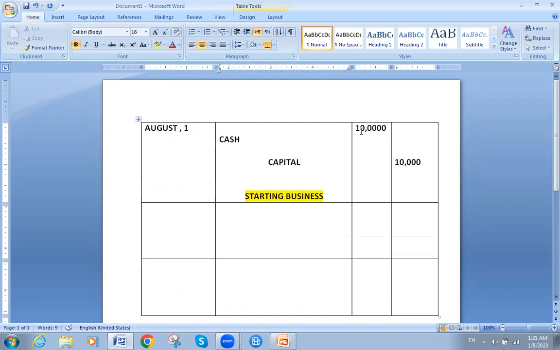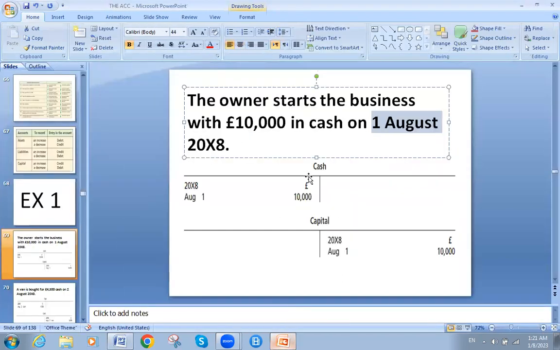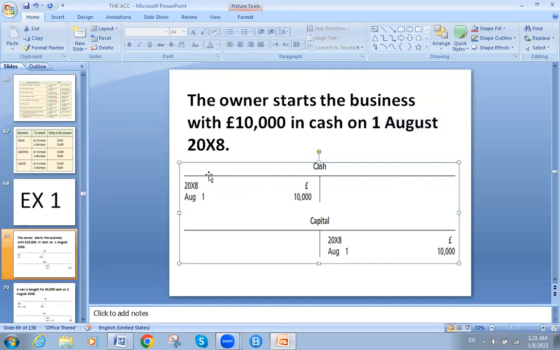So from the cash, which is 10,000, into the capital. Capital will be credited with the 10,000, and the cash will be debited with the 10,000. Like here, from cash into capital.